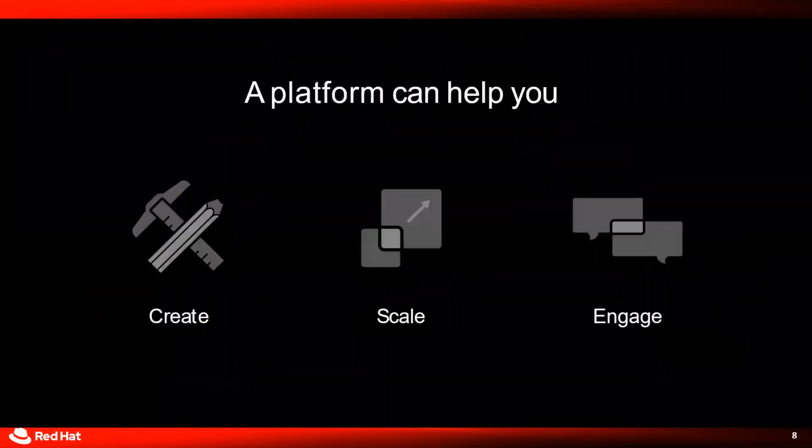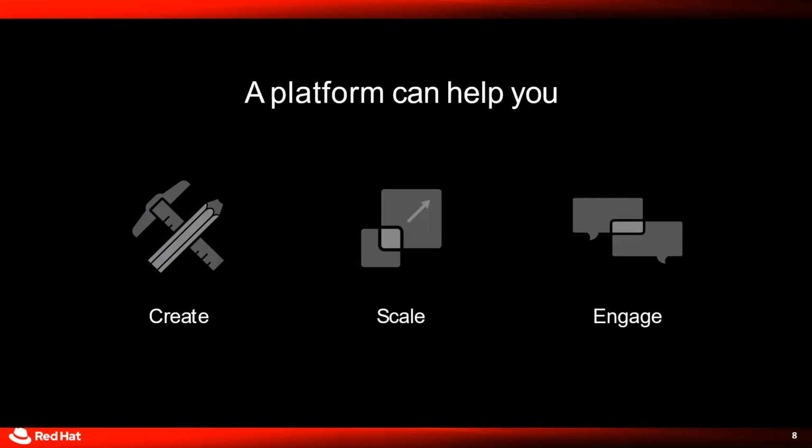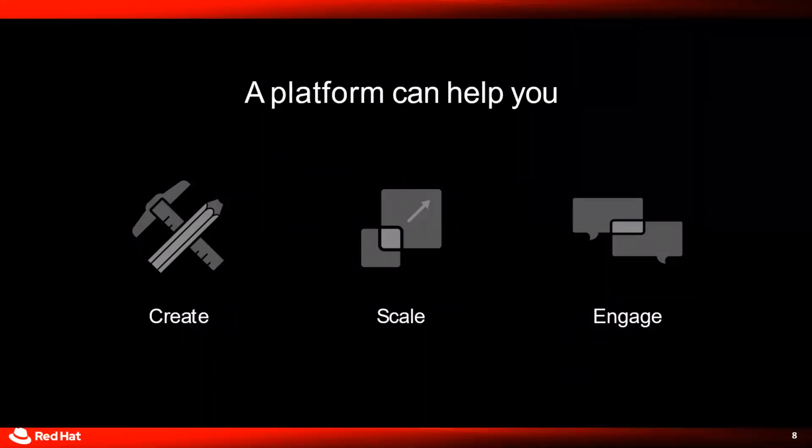The next thing is how an automation platform can help you. An automation platform will help you to create the environment. It will also help you to scale the requirement. When I say scale, the same script can be used by multiple teams.